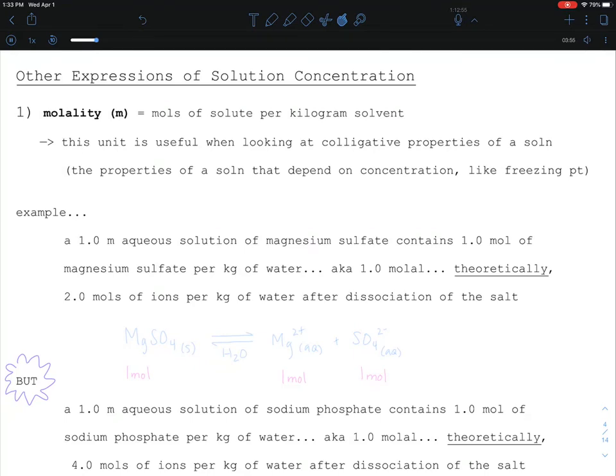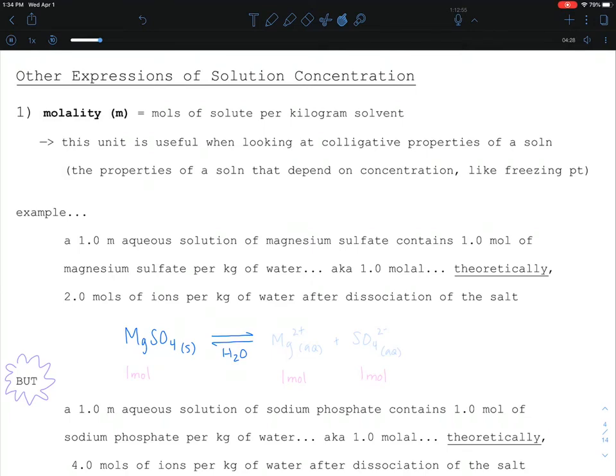And let me show you how that happens. So if we draw out magnesium sulfate, magnesium typically takes on a positive 2 charge, and we know that sulfate has a negative 2 charge. So these guys come together in a 1-to-1 ratio, right? And if we have that as a solid on the reactant side, and we put this into solution, so we're going to allow this to dissociate into, say, a kilogram of water, 1 mole of that salt, as we're writing this reaction equation.